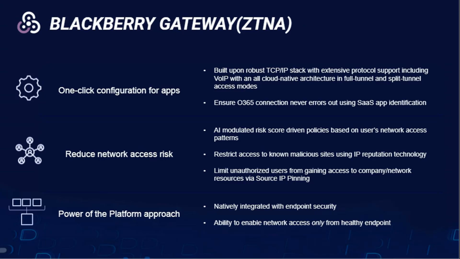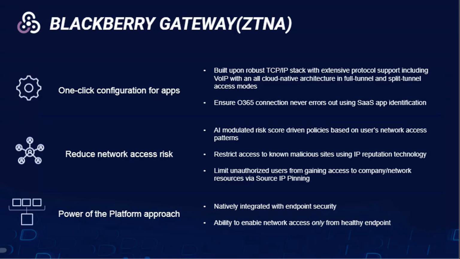The other two key capabilities that we're incorporating here is the IP reputation technology, as well as the source IP pinning capabilities. IP reputation downright restricts access to known malicious sites. So you can configure that and say, hey, so many malicious sites are known, we don't want to enable access to any of those sites for our employees.